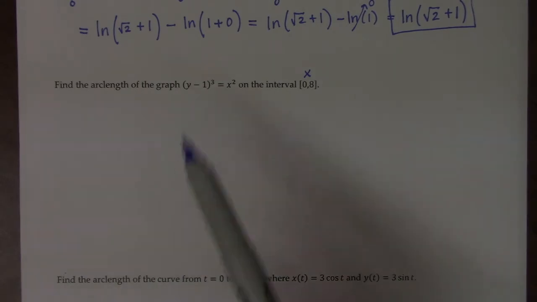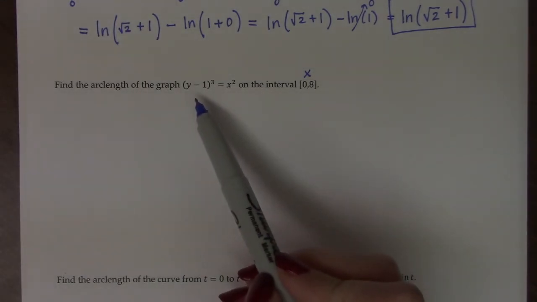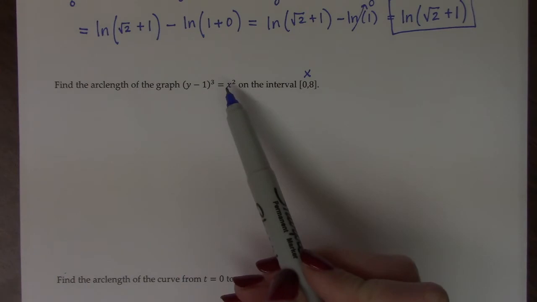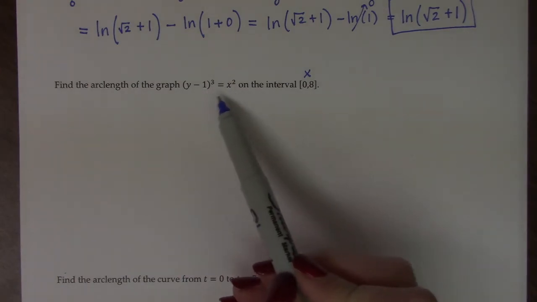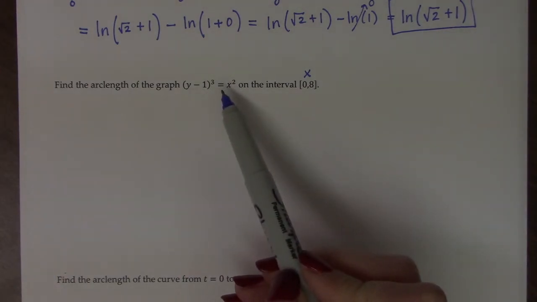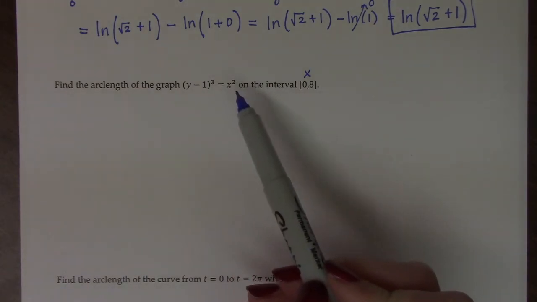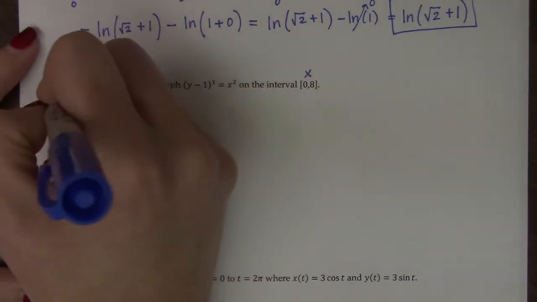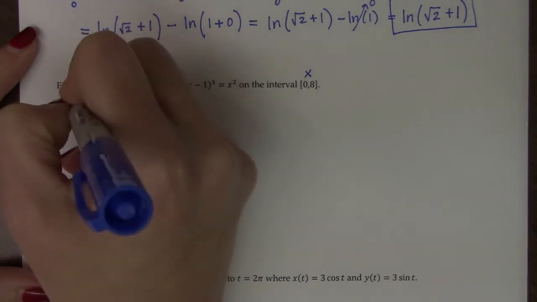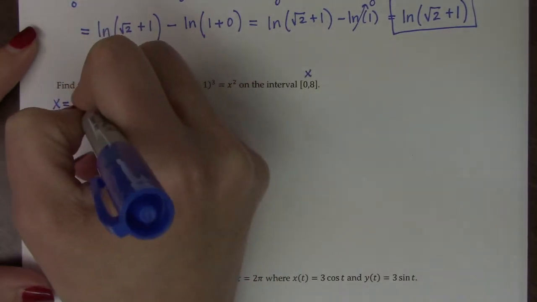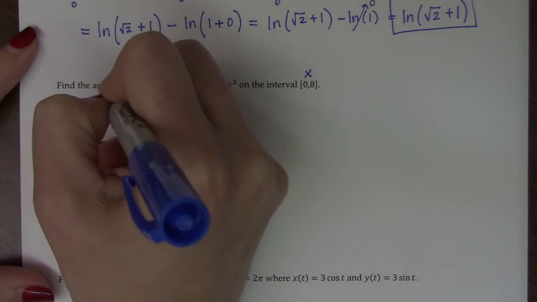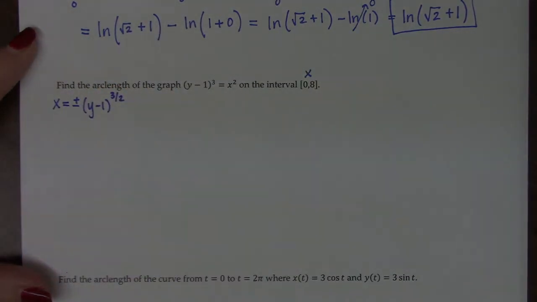So if I try to solve this for y, I'd have to take the cube root of both sides, then I would get plus 1, and it would actually be pretty gross to take the derivative. It's actually easier to just take the square root of both sides and work in variable y. So that means that x would equal plus or minus y minus 1 to the 3/2, because remember the square root is just to the 1/2.